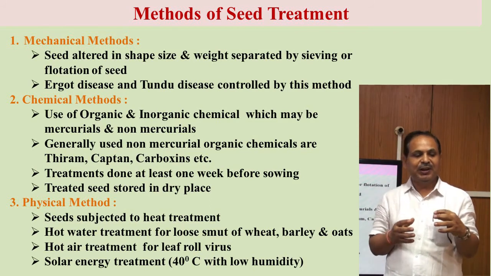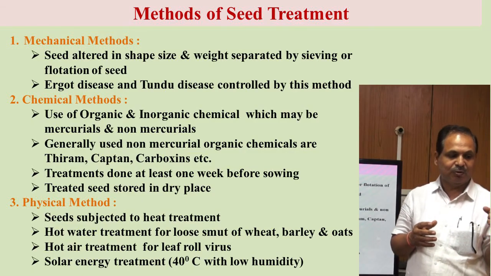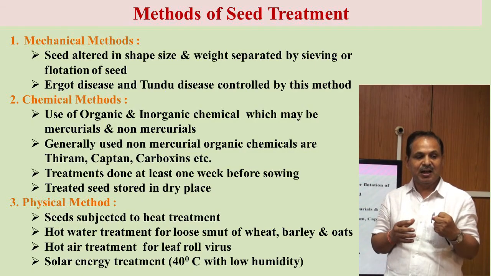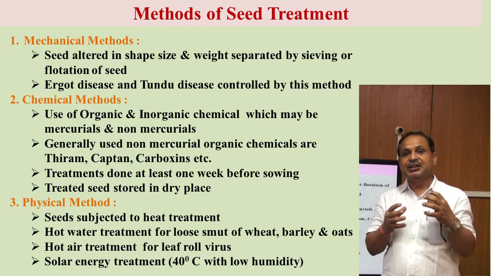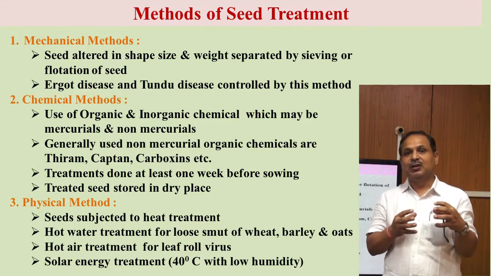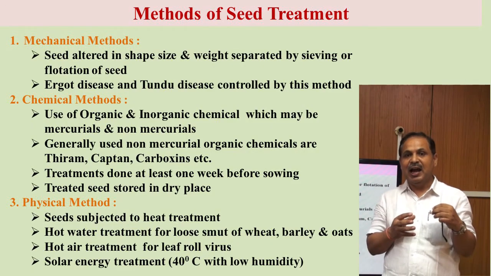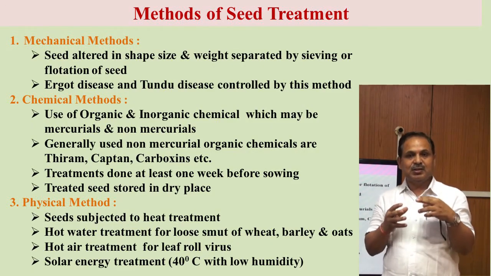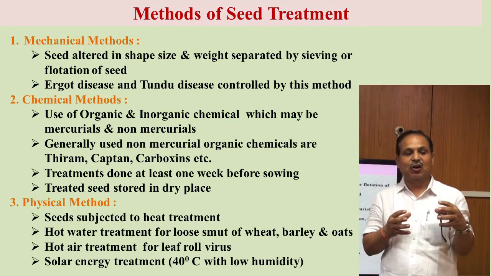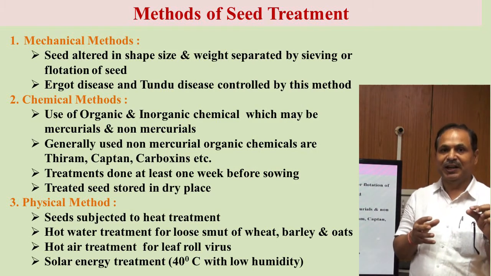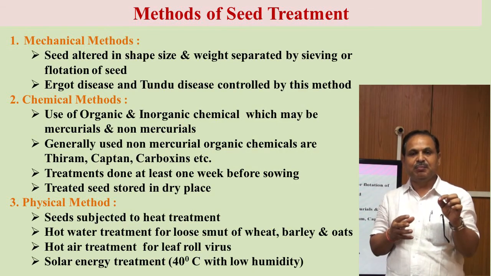In case of hot water treatment, particularly for loose smut of wheat, barley and oats, the seeds are first pre-soaked for 3-4 hours at 20 to 30 degrees centigrade, and then exposed to 40 to 50 degrees centigrade temperature for a few minutes. So it controls the loose smut diseases of wheat, barley and oats.